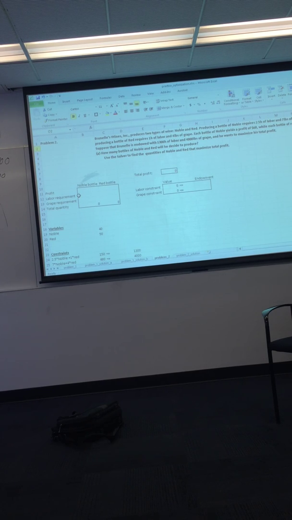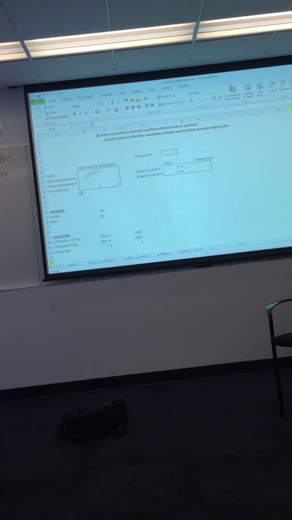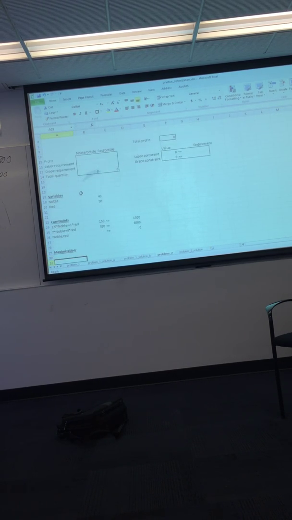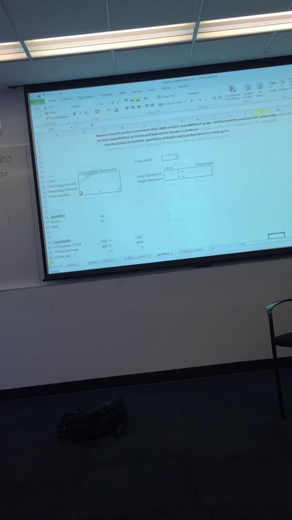The profit is Nobel multiplied by 60 plus Red multiplied by 30. I can write it like this. I can also just write here the profit. And the profit is Nobel multiplied by 60 plus Red multiplied by 30.